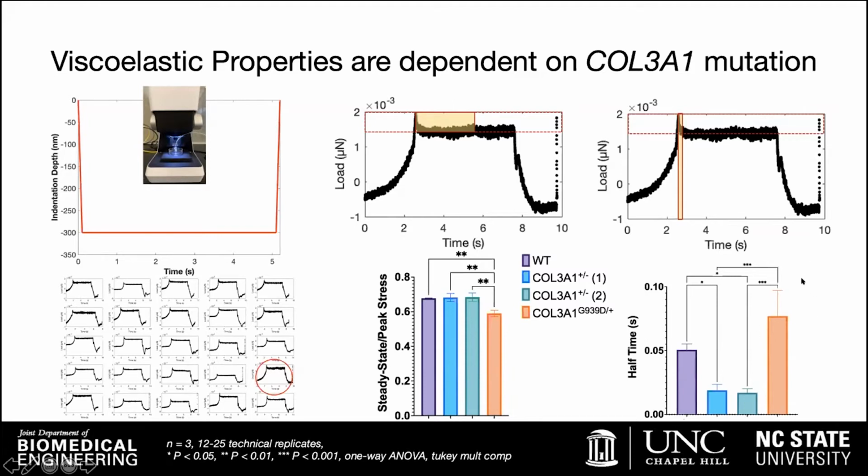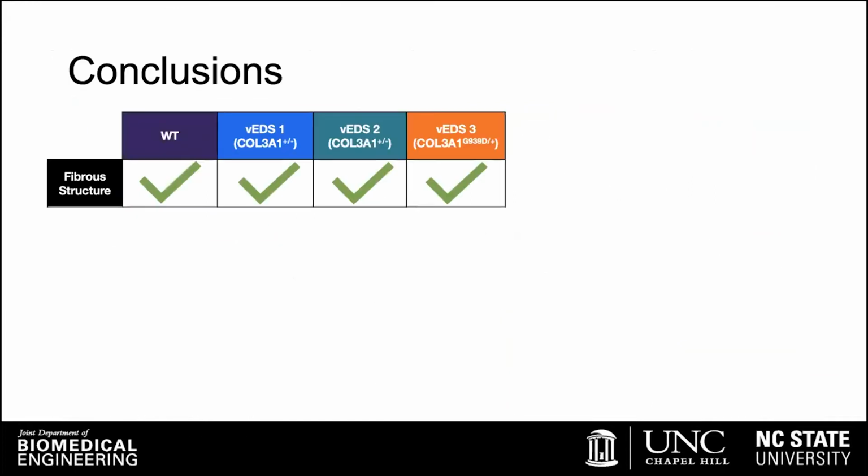Whereas, although this is not significant, the dominant negative seems to have a higher half time, indicating that it took longer to deform overall. So these results overall indicated to us that there are differences in viscoelastic properties of the ECM dependent on the specific COL3A1 mutation, and they differ based on which one you're looking at.